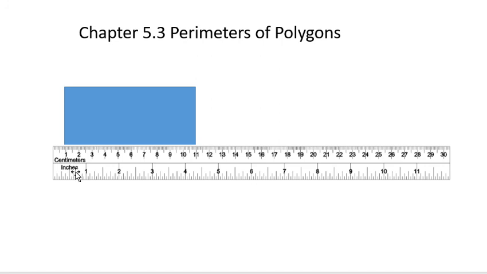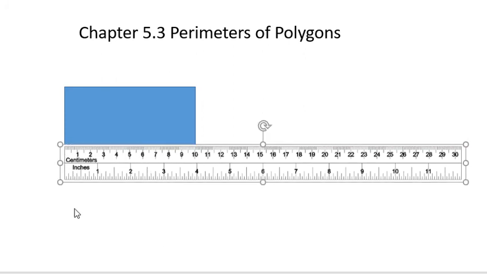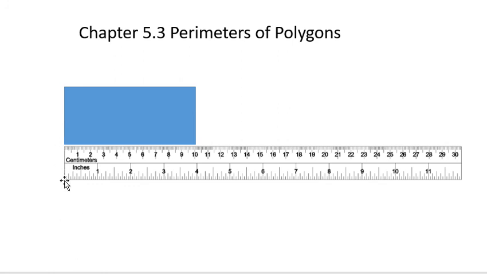So if you use this ruler incorrectly and you started at the 1, this would go from 1 to 11, and you might think that this length is 11 centimeters. That would be wrong. It is not 11 centimeters. You would have to start right at the 0, which is the very start of the ruler. Some rulers have a little bit of overlap. They have a little bit of plastic or metal that hangs over a little bit in case the ruler ever gets broken.